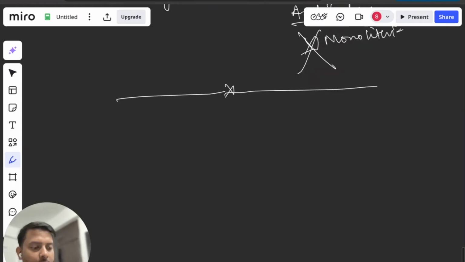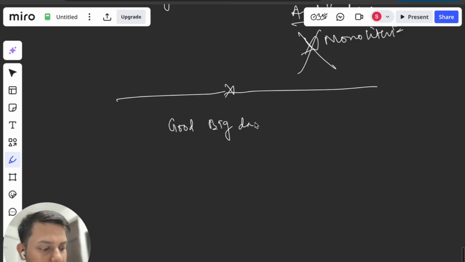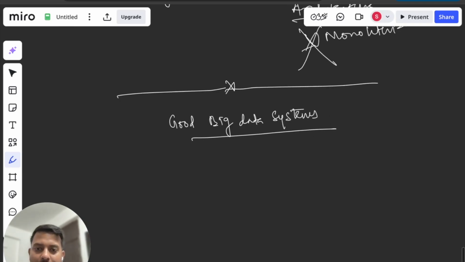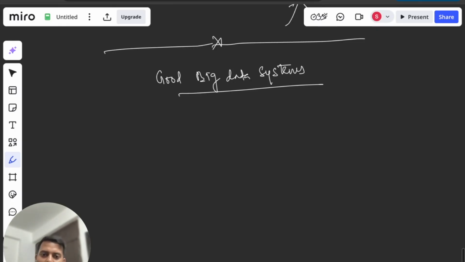So that was about distributed systems, and now the question comes up: what makes a good big data system? While designing a big data system, we need to think about three things. First is storage.